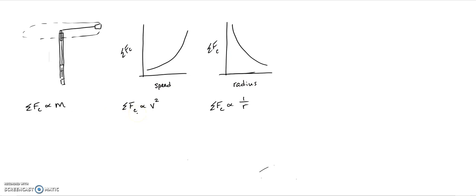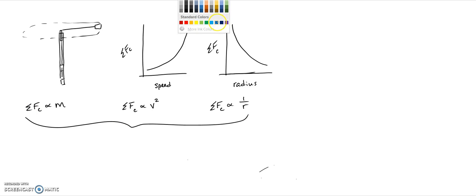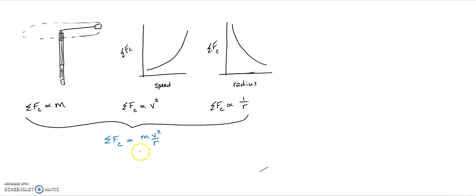When we combine all of these things, we get something very interesting. All right, so let's just change my color here. We actually get this equation. Sigma F_c is directly proportional to m v squared over r. Because it's directly proportional to all of these things, just kind of arrange them, numerator, numerator, denominator, you get this.